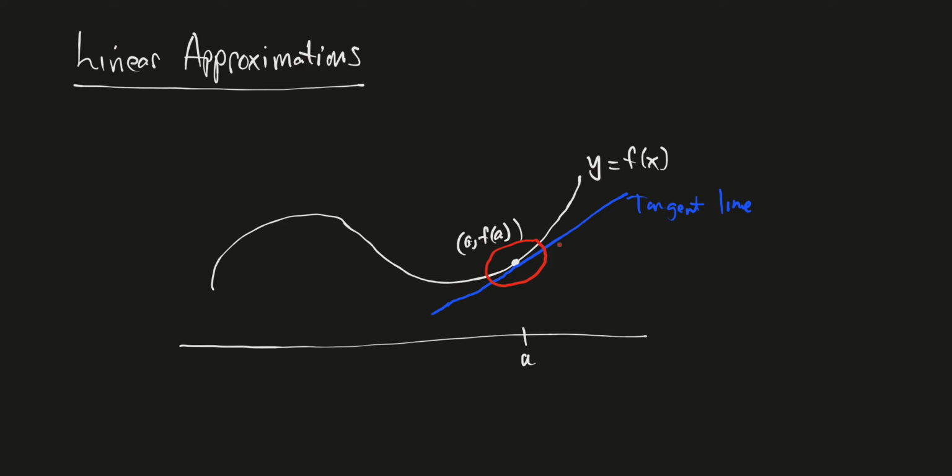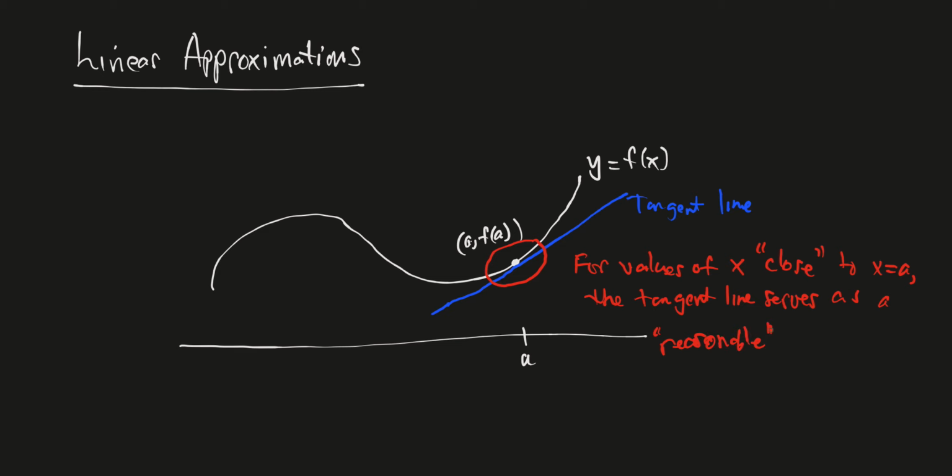So let's just write that down. For values of x, and I'll put this in quotes, close to x equals a, the tangent line, which is a linear function, serves as a, and I'll put this in quotes because this is somewhat subjective, a reasonable approximation to y equals f of x, right?